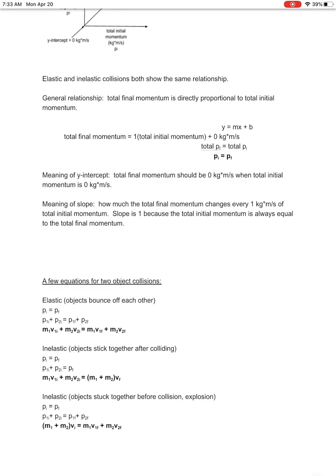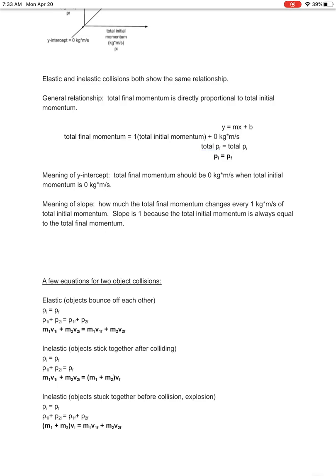And then the other inelastic collision is what's called an explosion. It's where two objects are stuck together before the collision and then fly apart. And in this case, you have, once again, initial and final momentums equal to each other. But what you have is two masses stuck together, so you add up those masses and multiply that by an initial velocity, because they both have the same velocity because they're together.